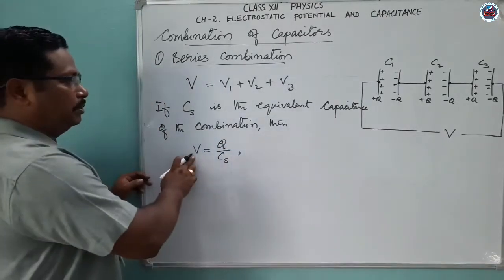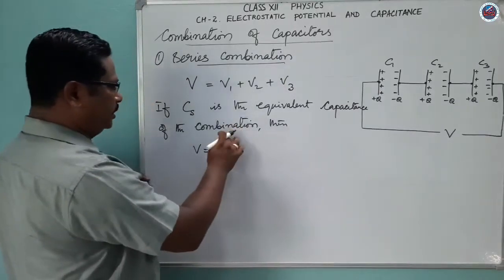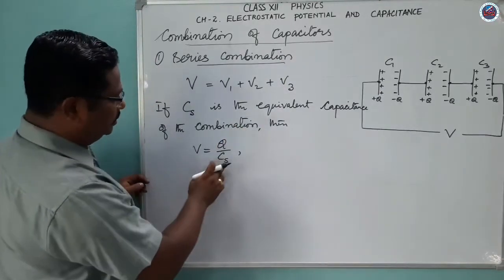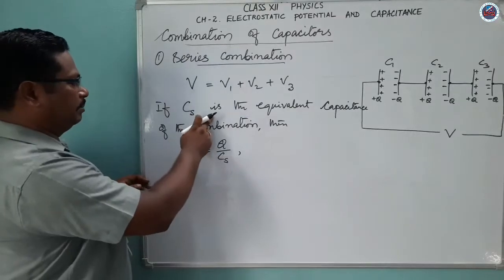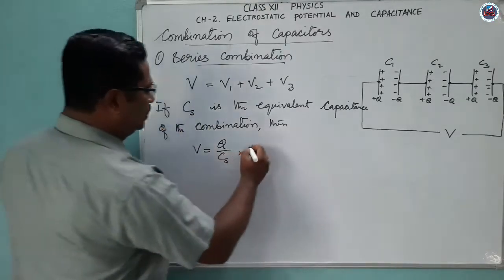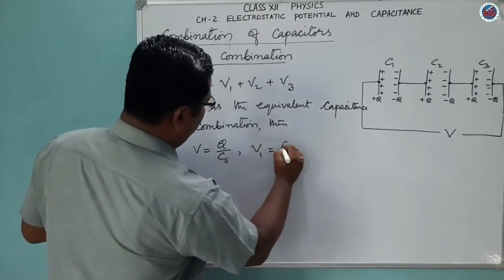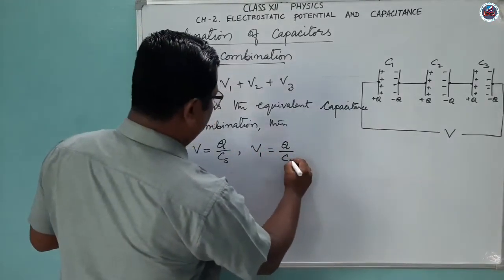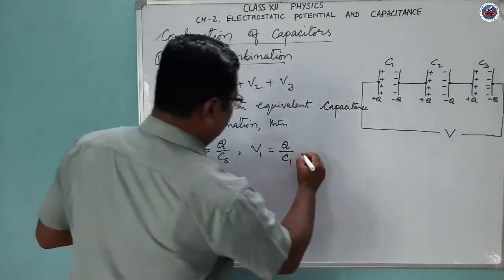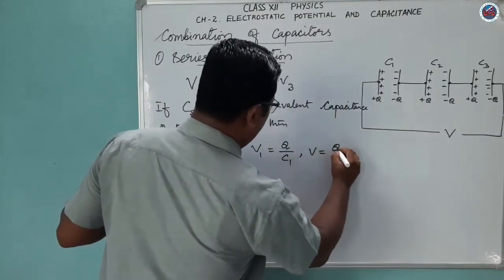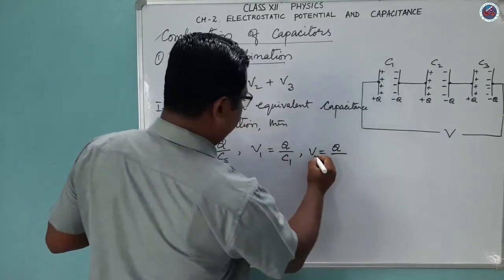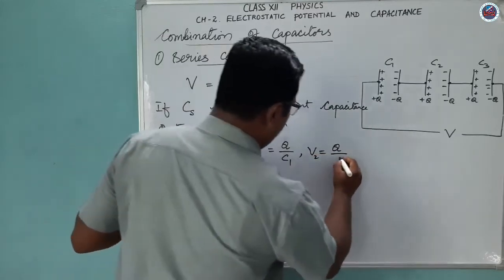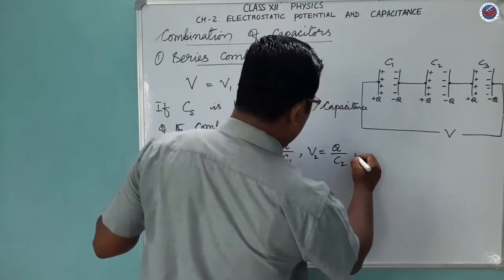That is, the total potential will be equal to the charge on each capacitor divided by the equivalent capacitance Cs. V1 will be the charge divided by the capacitance of the first capacitor, C1. V2 will be Q divided by the capacitance of the second capacitor, C2.